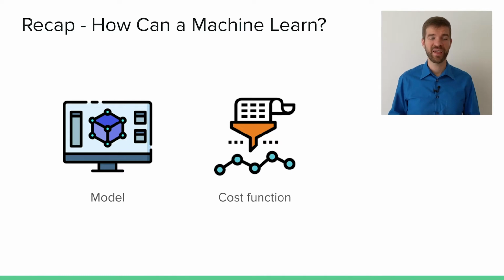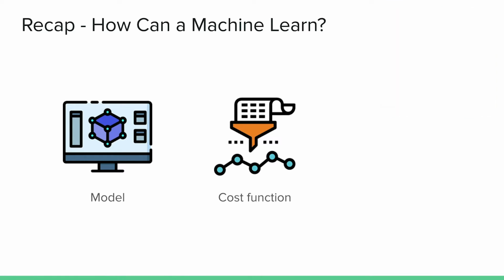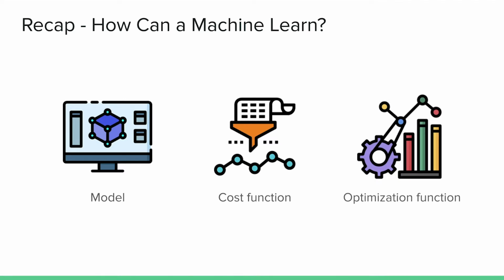And ideally, this loss should be as low as possible. And to get to this point where we have a low loss, we need a third ingredient, which is an optimization function, which basically is nothing but telling us in which direction we should go, what we should change to reduce the loss to get better.